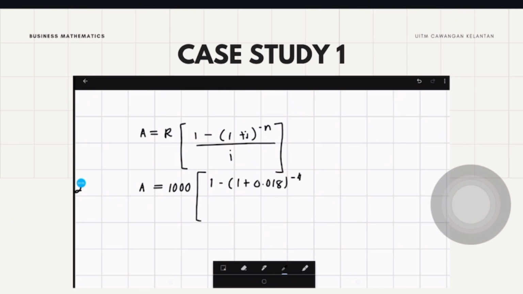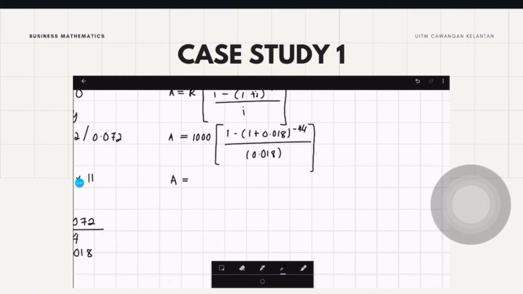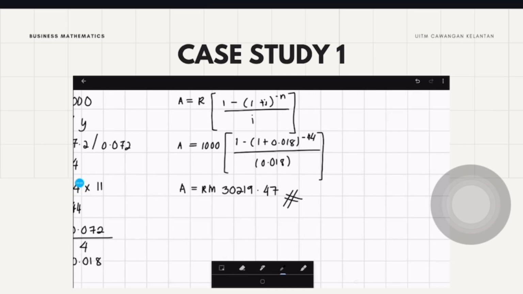So R is 1,000, negative n is 44, and i is 0.018. After solving it, I got the present value, which is 30,219 ringgit 47 cents.